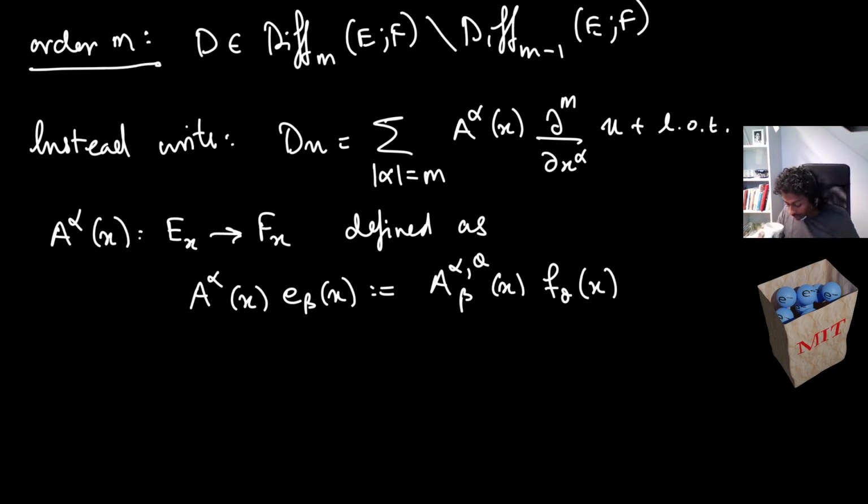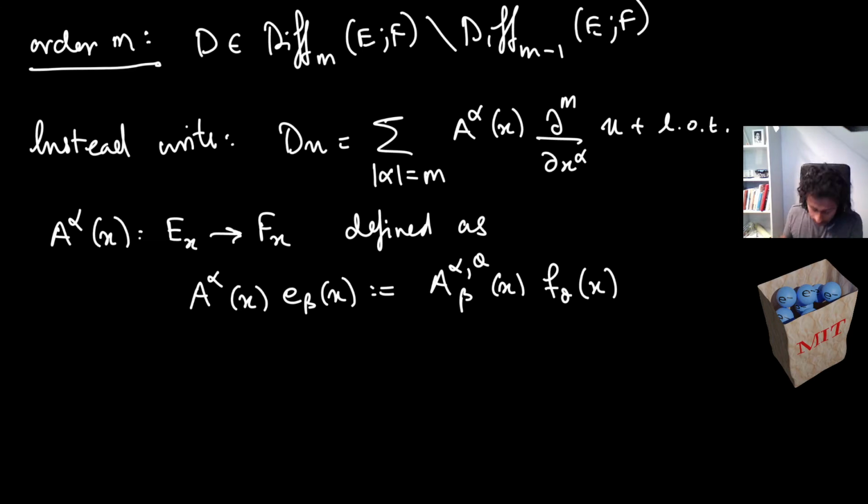Okay, so the danger with this expression is, I mean, this is really defined with respect to a basis. So I haven't really highlighted that, but so it's sort of sweeping some things under the rug.